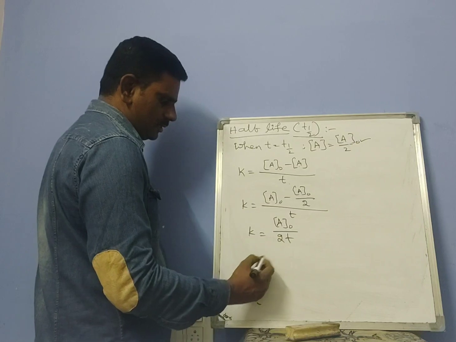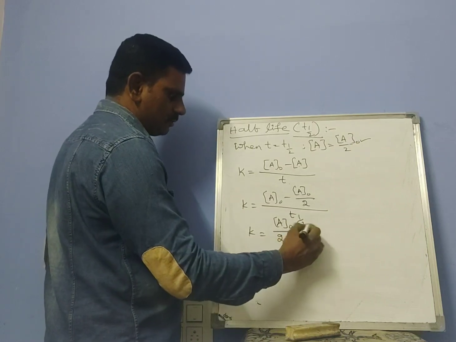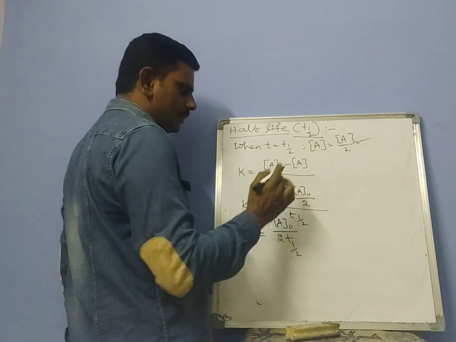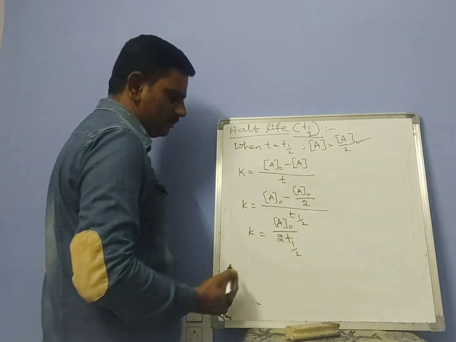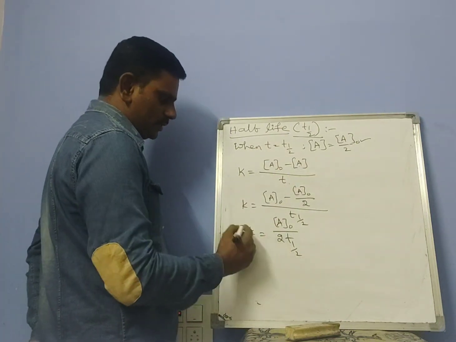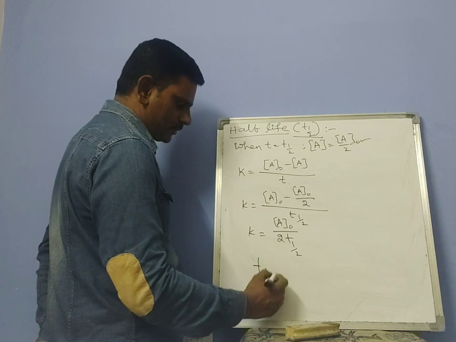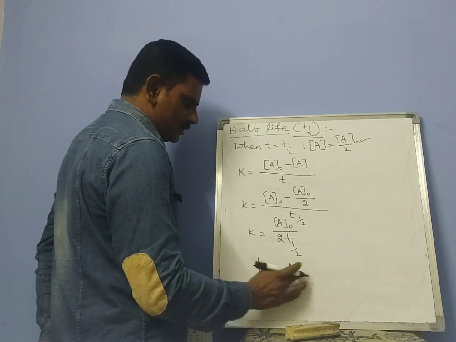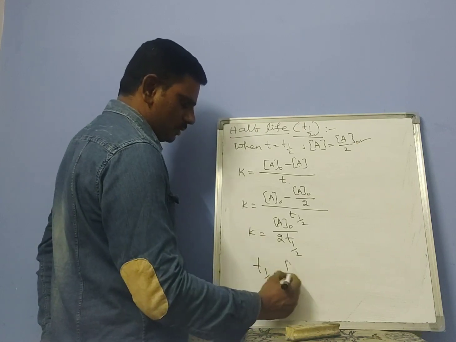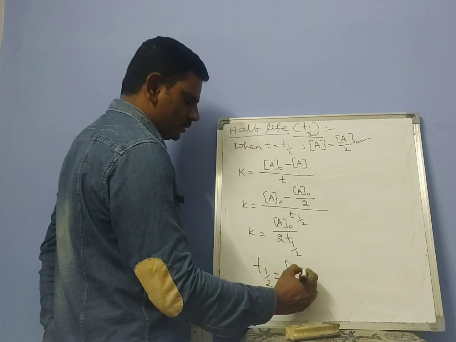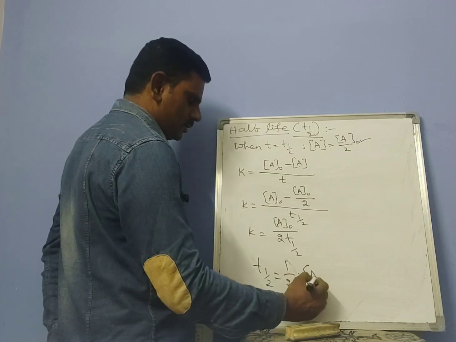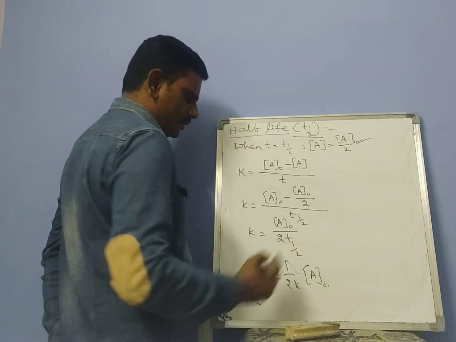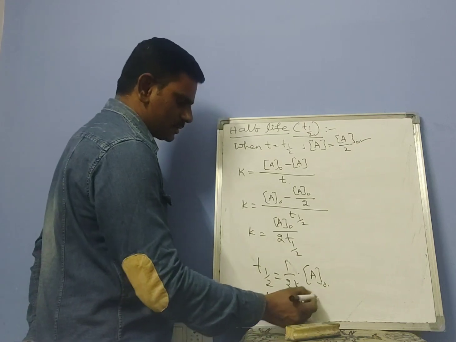See here, T becomes T half, because at T half only, A naught by 2 is the concentration of A. So when T half comes here, writing 2K like this, T half equals 1 by 2K into A naught. See, it is the y is equal to mx form.